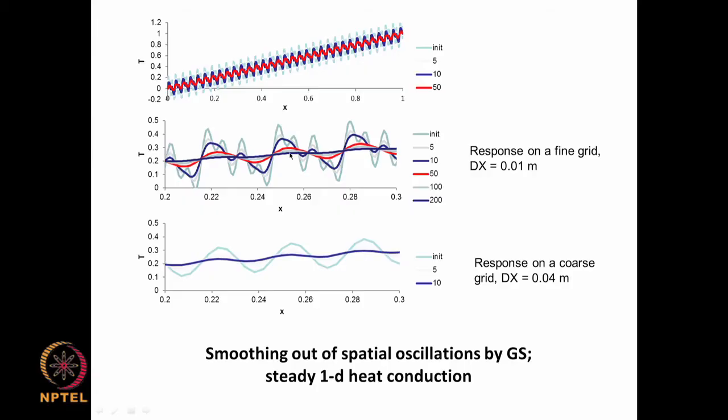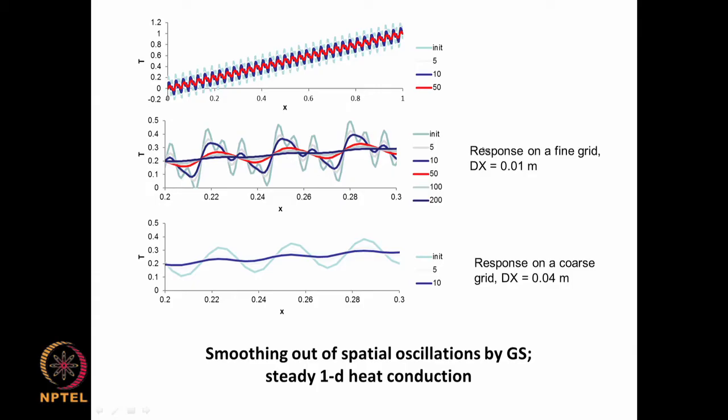Because your solution requires you to have a very small residual, and a variation like the red one here will have a fairly large residual, and that residual will have to go down, and that will happen only as this approaches this linear variation, and that has taken 50 iterations to come up to this, and then 100 iterations to come up to this, and 200 iterations to come up to this.